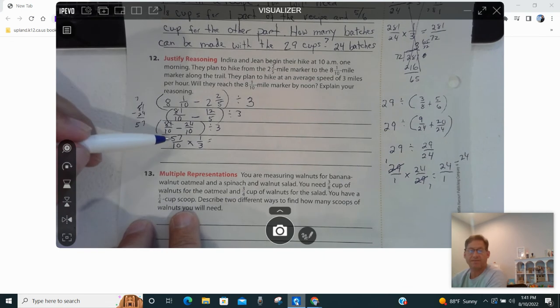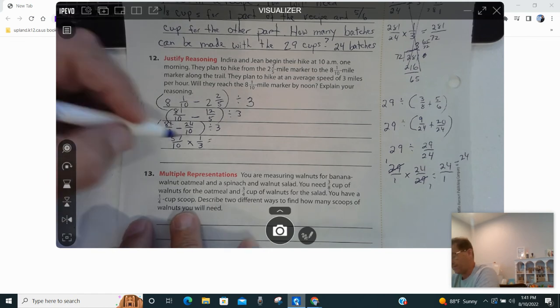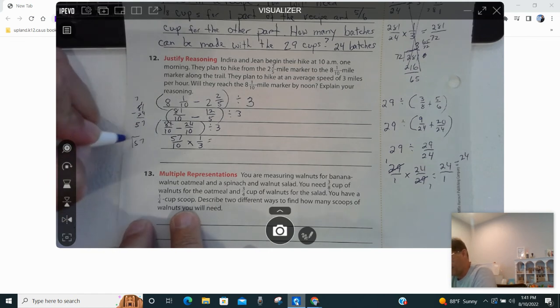I know 3 goes into 57 because the divisibility rule for 3 says that if you add up the digits in a number and the sum is divisible by 3, then the whole number is divisible by 3. So 7 plus 5 is 12. 12 can be divided by 3. So 57 divided by 3 is 19.